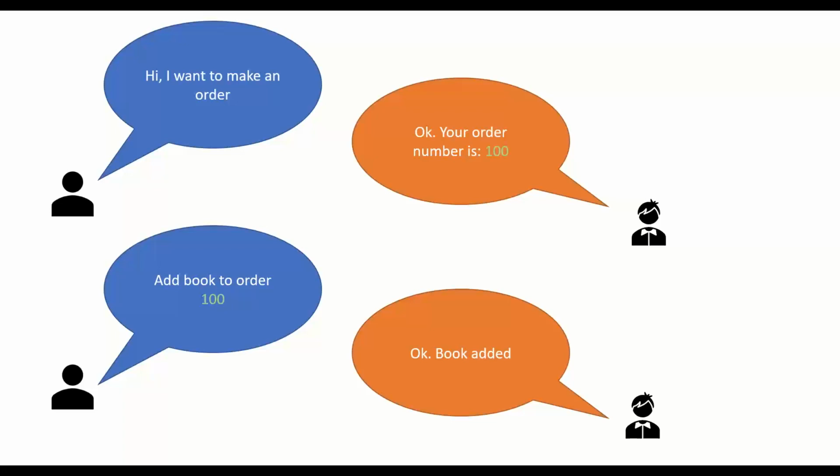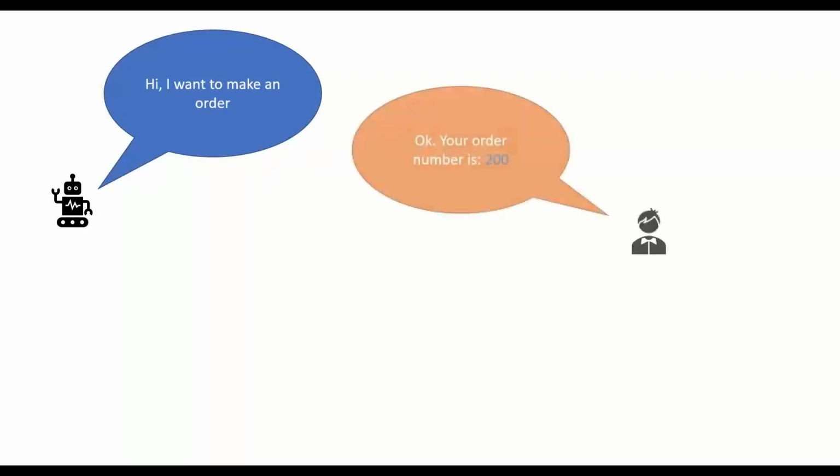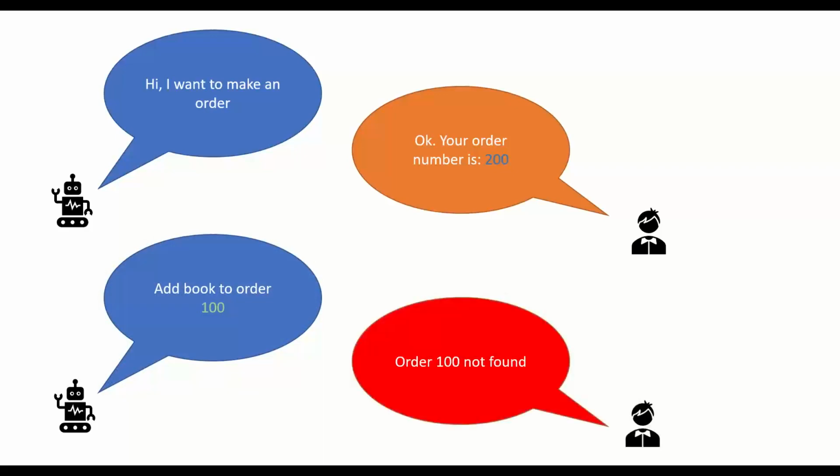Now I'm going to try to teach a robot to do the same thing. The robot is going to mimic what the human just did. So the robot says, hi, I want to make an order. The seller says, all right, you have an order, but now the order is 200. The robot says, add book to order 100, and the order fails because order 100 is not found.